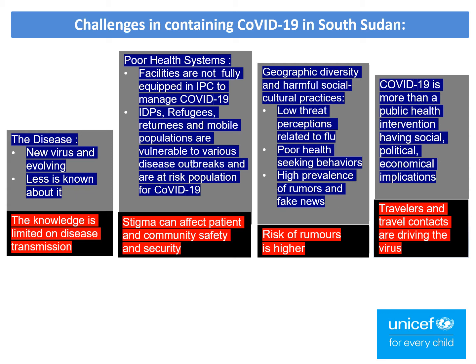Now we have the stigma. Stigma has come in as a key problem which we need to address, because it's a barrier to our interventions. So it's affecting the response in terms of people hiding when they are ill or they are not feeling well. Or if they suspect that they are sick, they don't come up quickly. They want to avoid discrimination, because if somebody is known to have either contracted the disease or had contact with a person who is sick, because of stigma, they are not able to come out quickly.